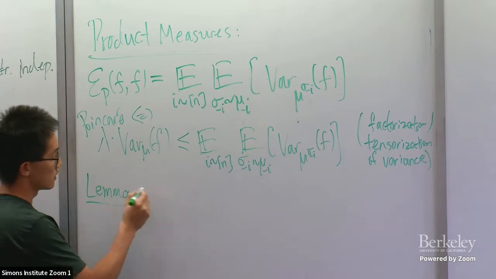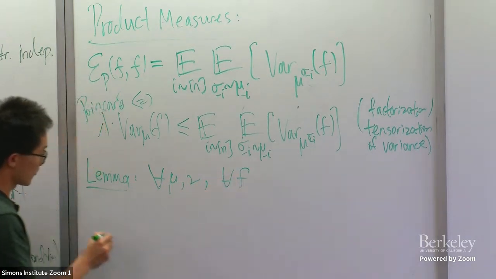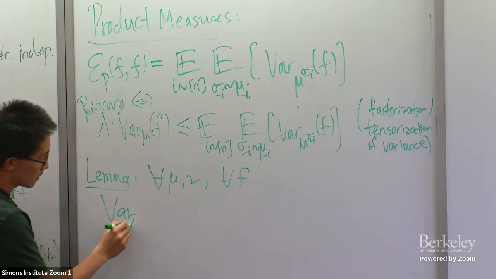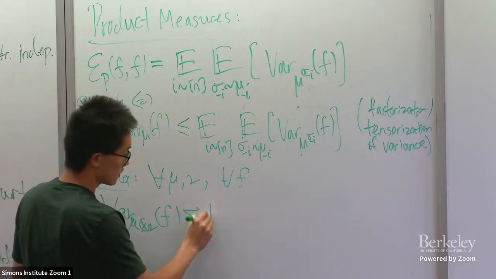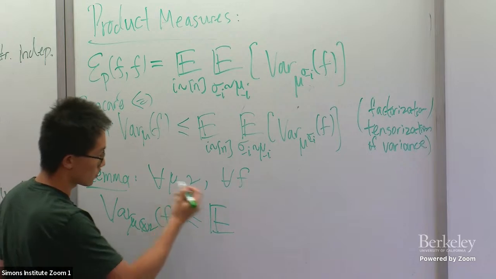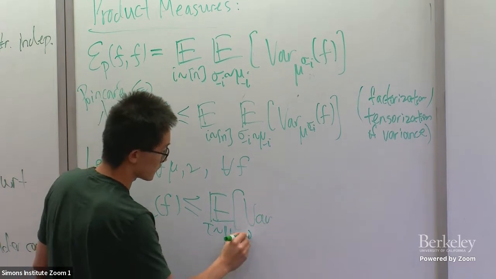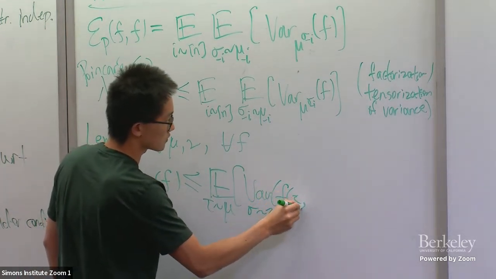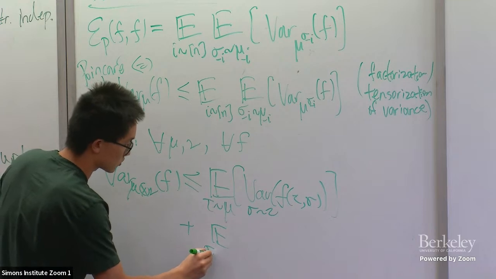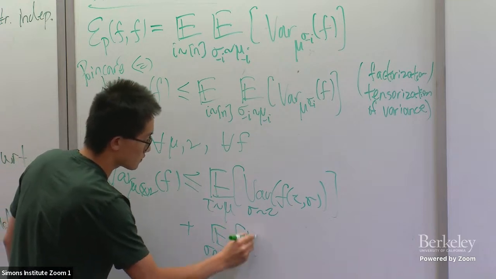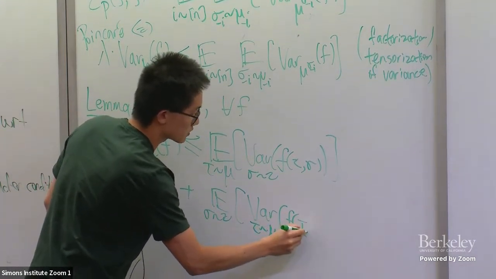It says that for all measures mu and nu, and for all functions f, the variance with respect to the product of mu and nu under f is at most the expectation over a draw from mu of the variance under a draw of nu, plus the same thing, except now on the outside I take a draw from nu, and the variance is with respect to a draw from mu.